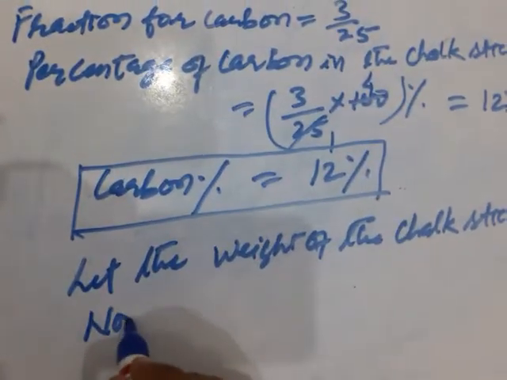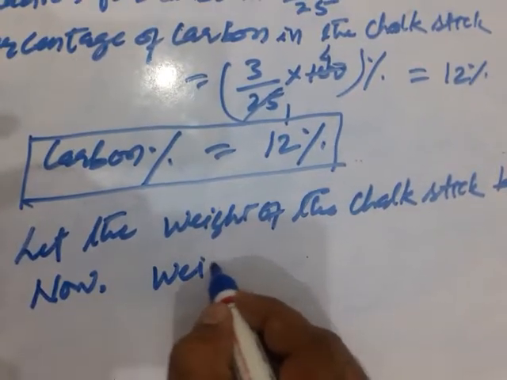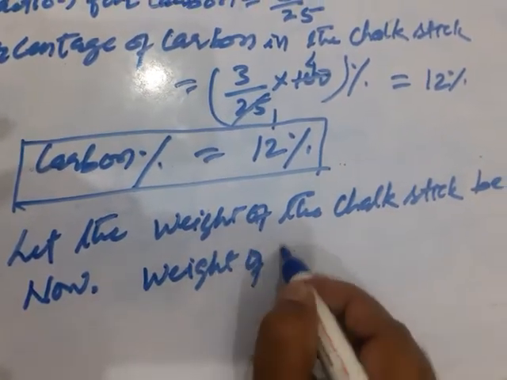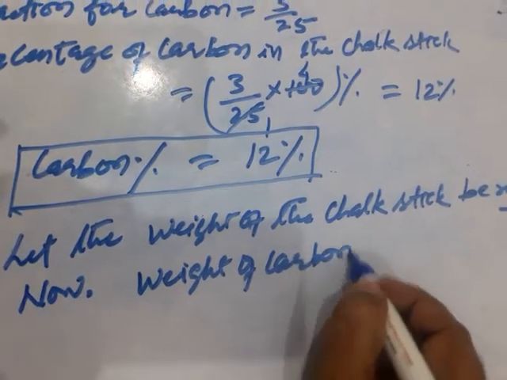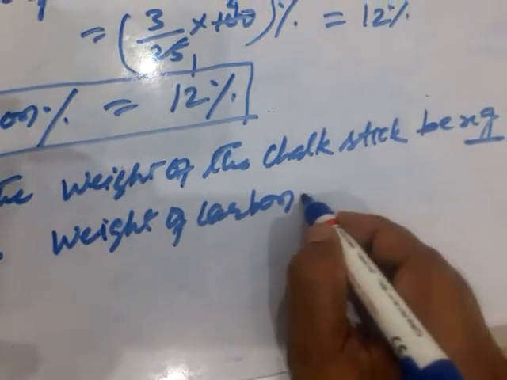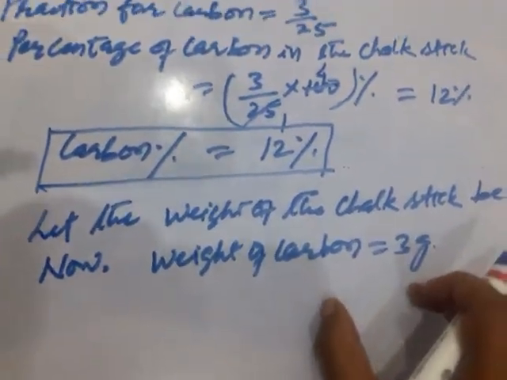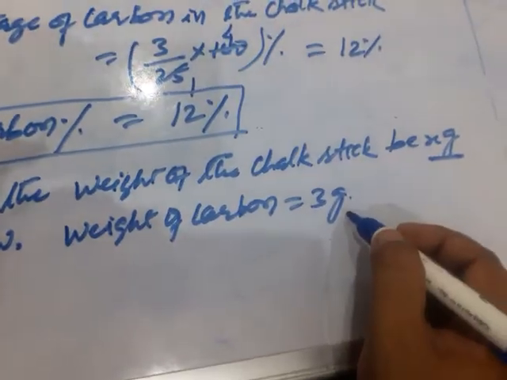Now what is given? Weight of carbon is given, equal to 3 gram. It is given in the question. Clear? Now what is this 3 gram equal to?